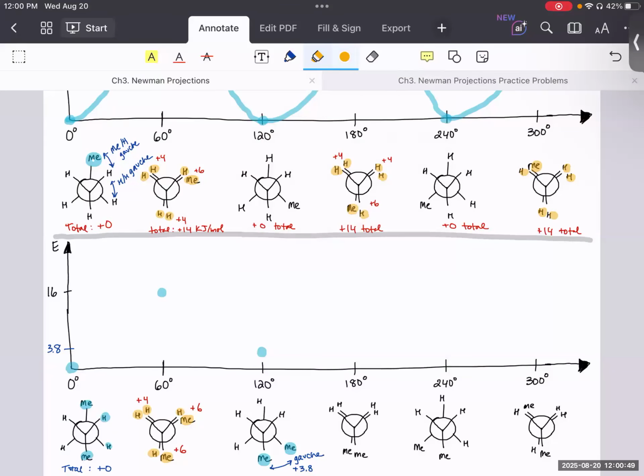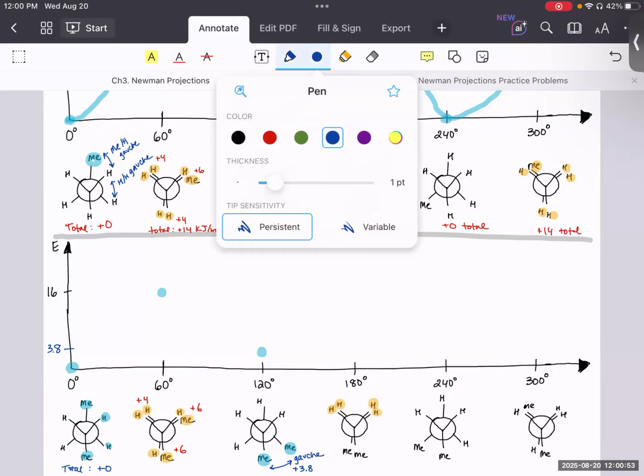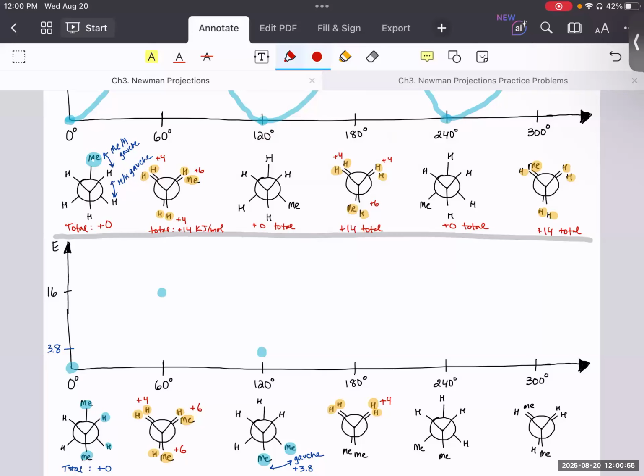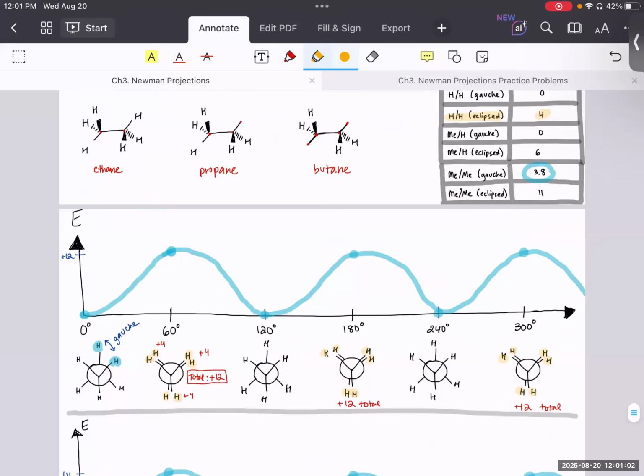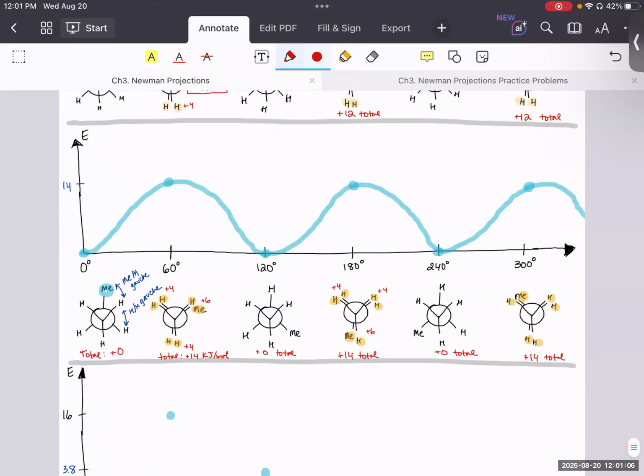All right, next we can do this next one. So here we have 2 hydrogen-hydrogen interactions, each of which is +4. And then now we also have this methyl-methyl interaction, which based off the table in the eclipsed state has an 11 contribution.